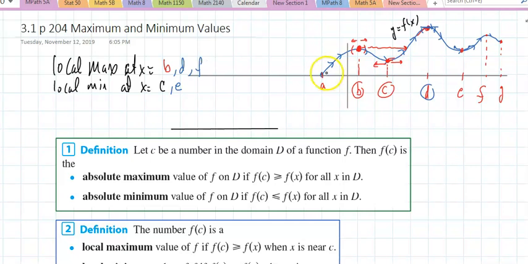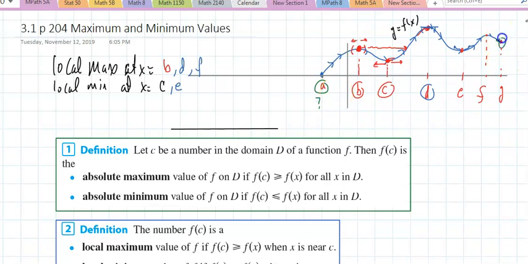Now, we have an issue with A. Because I'm looking at A and I'm trying to figure out, okay, is that a minimum or a maximum? Since I do not know whether the left side looks like this, that would be neither. Or the left side might look like this, that would be a minimum. So at A, I'm not sure.